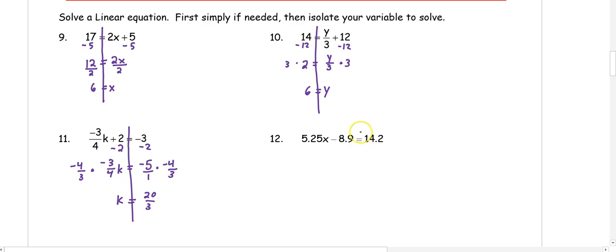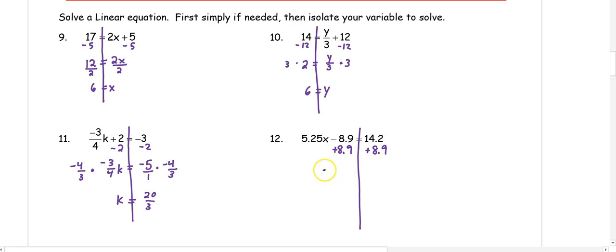Number 12 is decimals, but we're still following the same steps. So 5.25x minus 8.9 equals 14.2. My first step in this case, because something was being subtracted, is to add 8.9 to both sides.